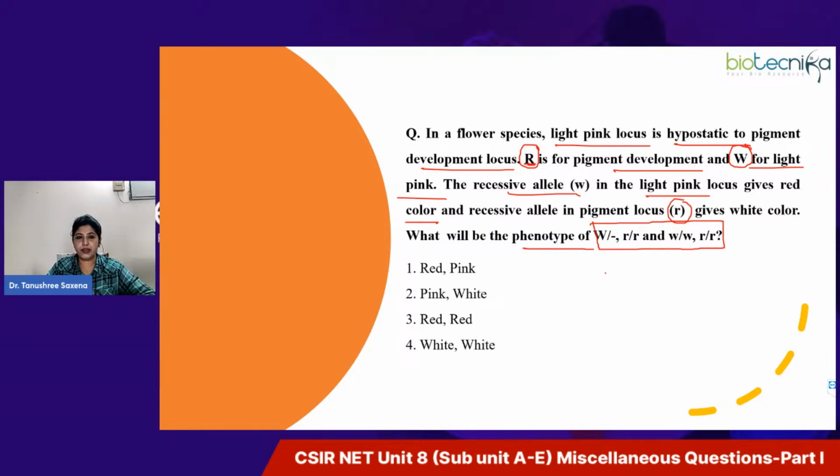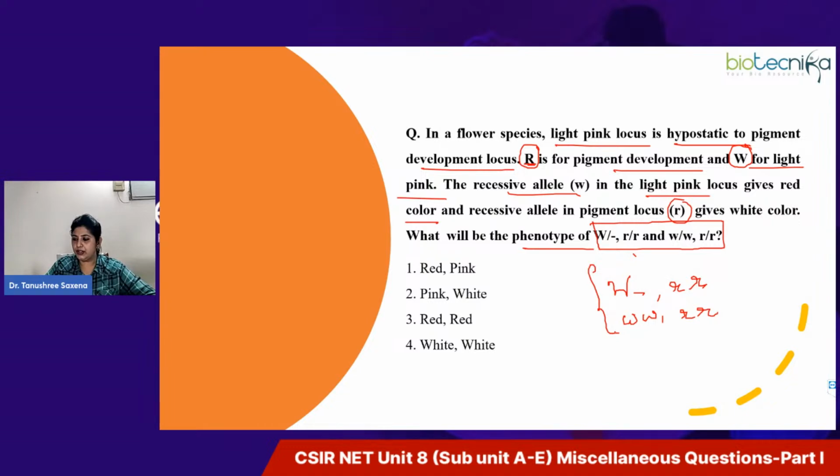Yes, quickly answer the question. This is the genotype given to you. So what will be the phenotype of this genotype?